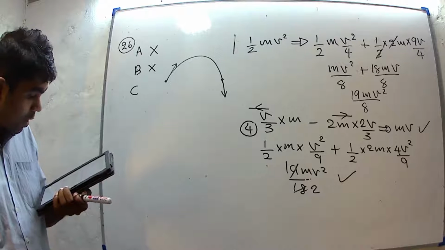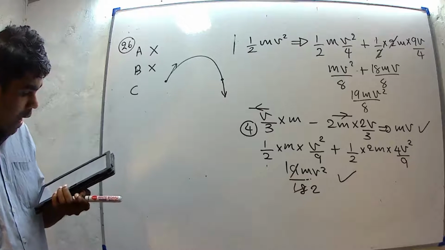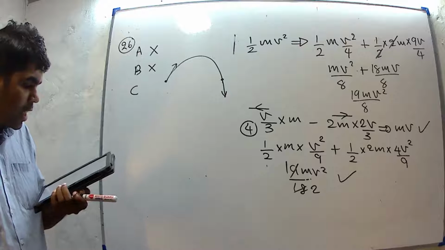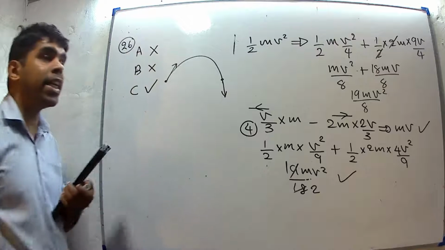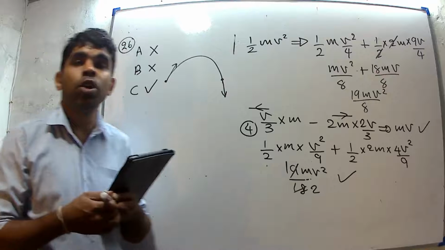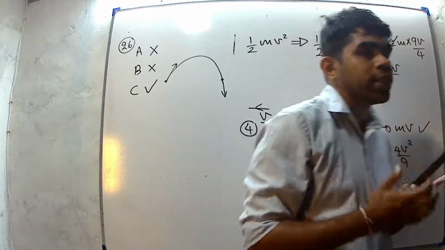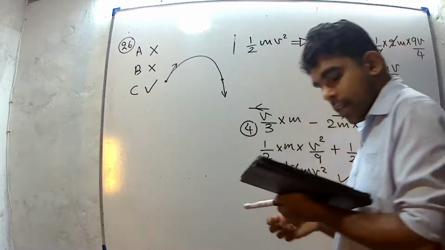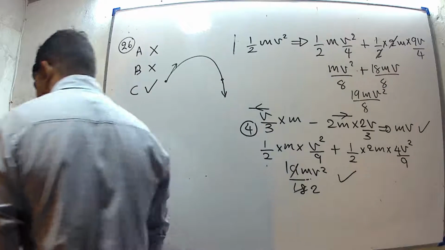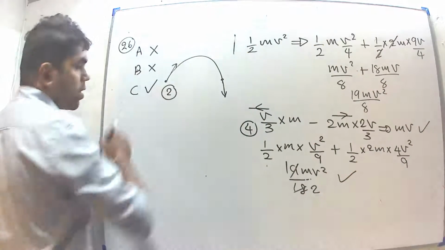It is false. C: The kinetic energy of the ball at point B is equal to the kinetic energy at A. It is correct because kinetic energy depends only on the magnitude of velocity; velocity is a vector. Then only C is correct. The answer is 2 for question number 26.